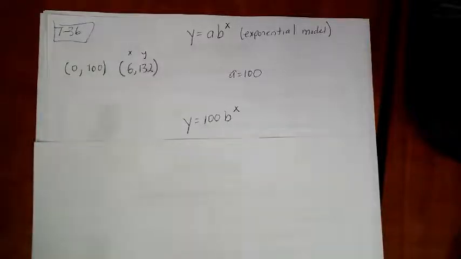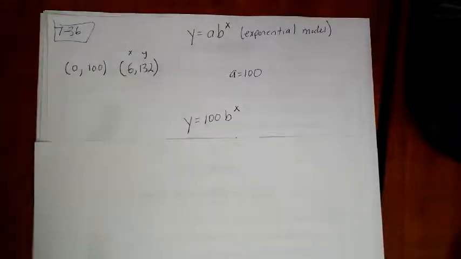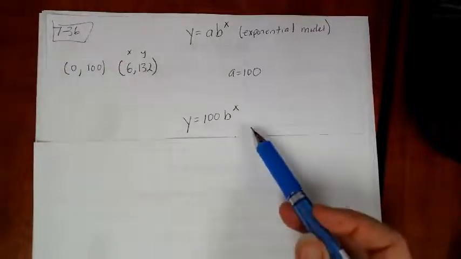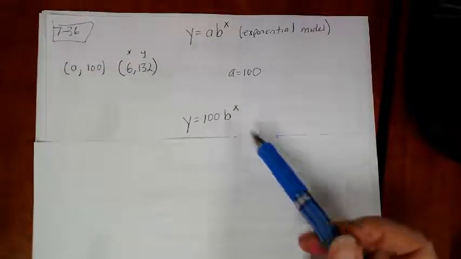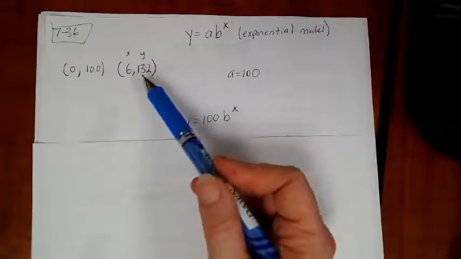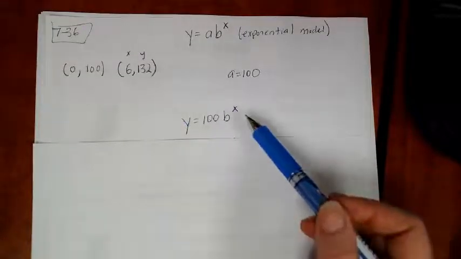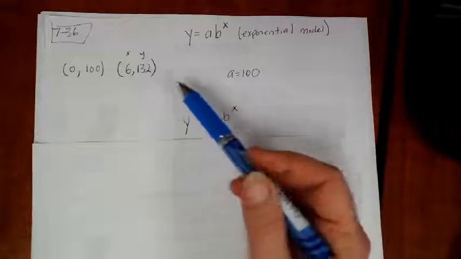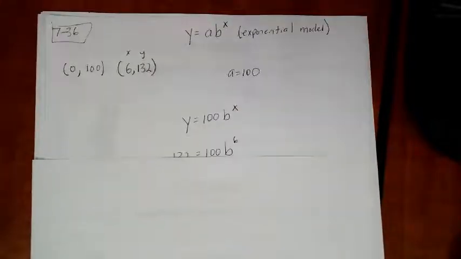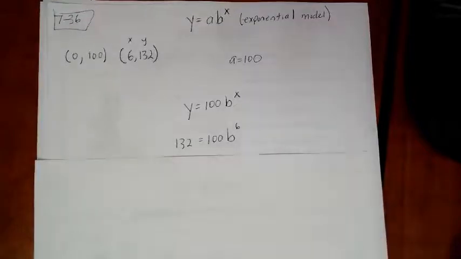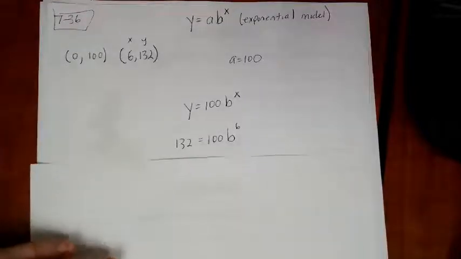And you might remember that B is our multiplier, so B is going to be like the rate that her account is growing. And then we're going to use x for the amount of time. So we need to use our ordered pair that we have to plug in and find B. So we'll plug in 132 for y, and for x we'll plug in the 6, and then we just use our algebra.